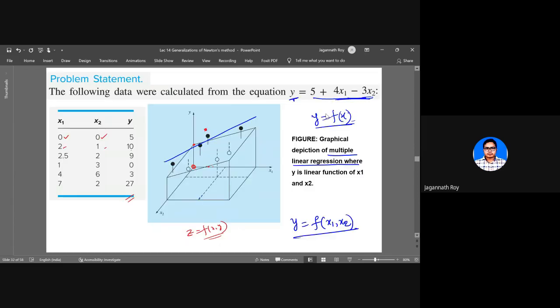So if you consider this i equals 1 point, then for this particular value the line will be of this form, and for i equals 2 the line may be of this form, so there will be multiple lines to approximate the data, to find the best fit, least square.